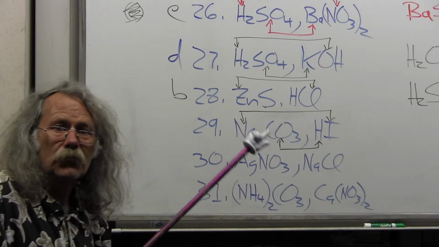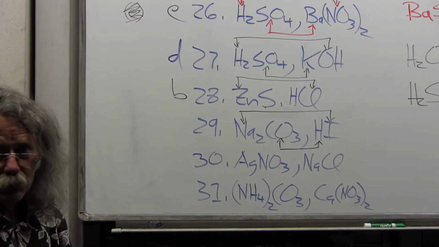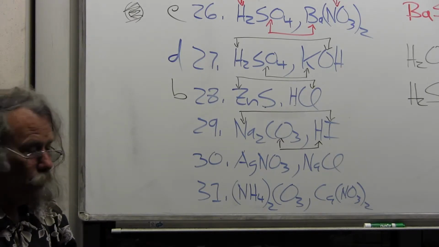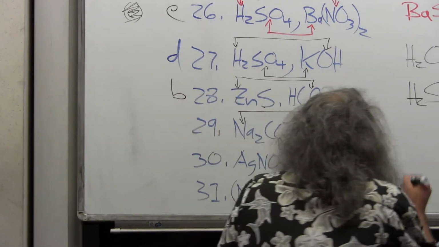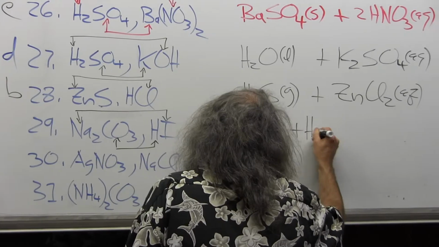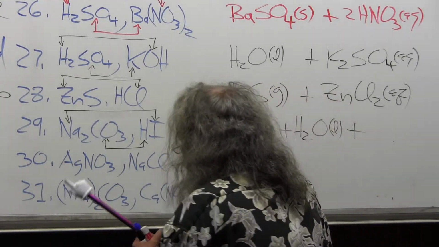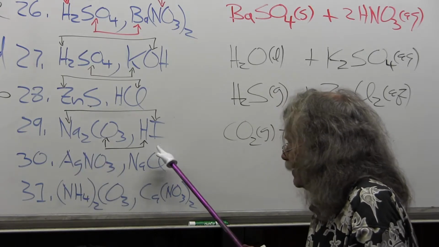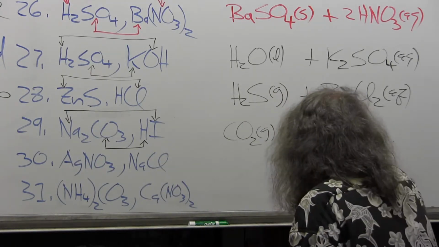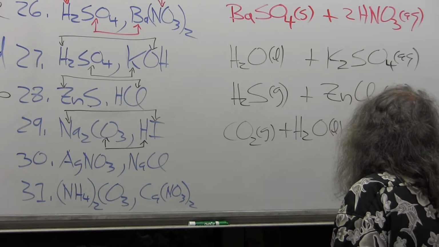Again, I have to look for a neutralization reaction. And carbonate, we already know, is one of the anions in the neutralization reaction. So I'm going to get carbon dioxide gas plus water, liquid, plus, in this case, it's sodium and iodide, so it's going to be sodium iodide. It's a 1-to-1 salt, and that's aqueous.